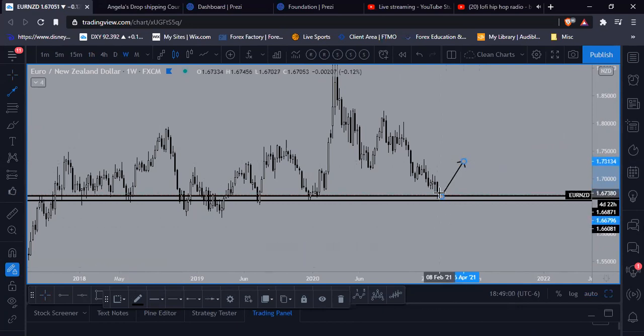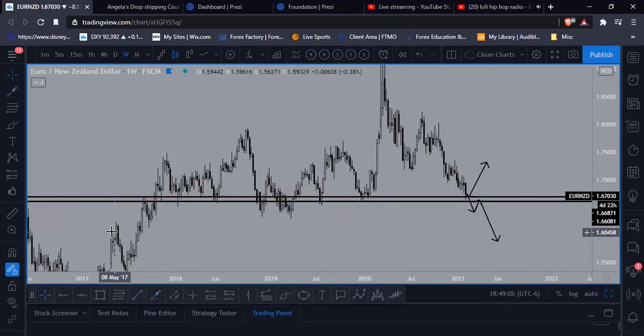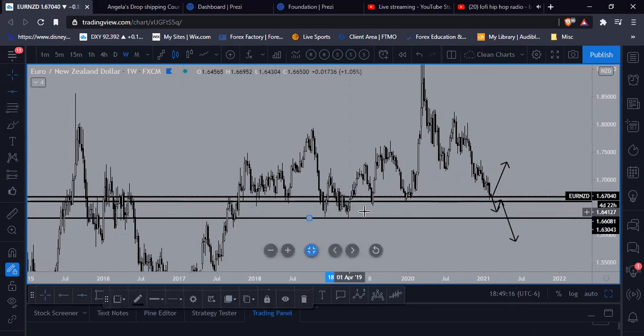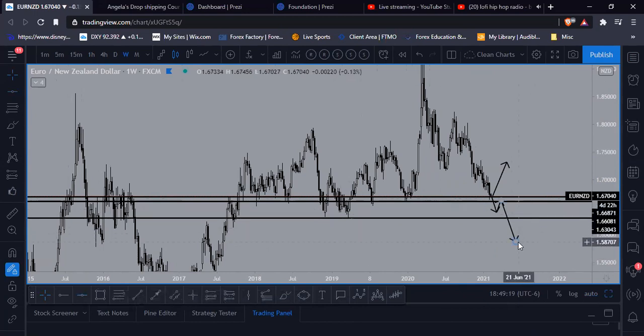Either that happens or a push to the downside, retest, continuation to this next big demand zone right here. That's probably the next best thing that could happen. Or even if price just drops and comes down to these lows right here. Either one of those could happen. I'll just put this right here for now because that is more short term than long term.